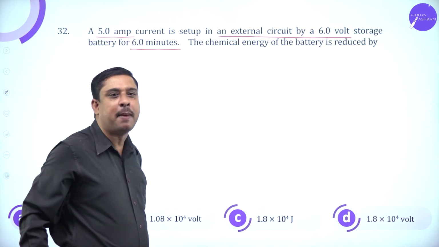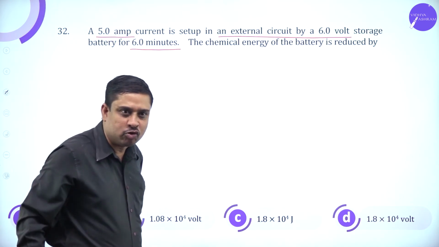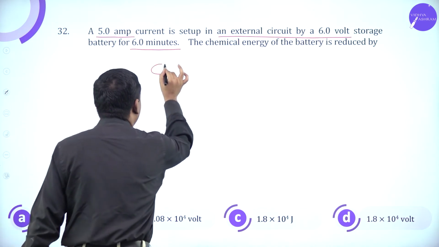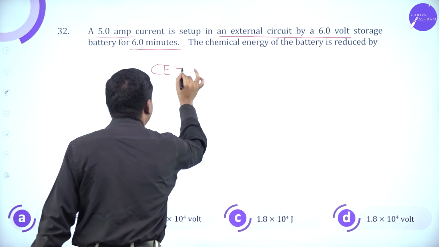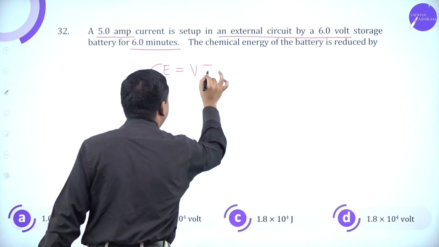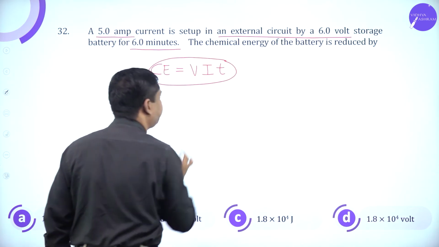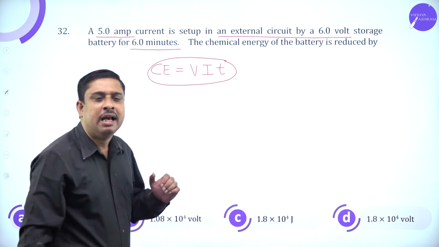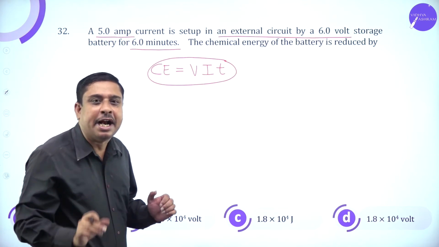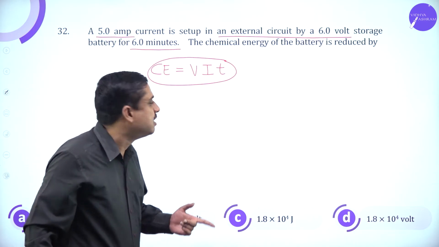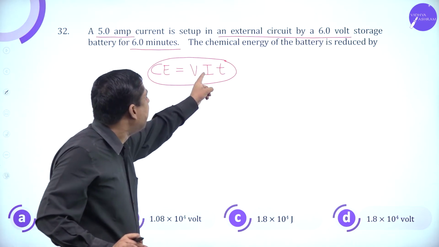Chemical energy of the battery is reduced, by Faraday's law. Again from the old syllabus. Chemical energy is VIT. Just remember, chemical energy reduced in a battery due to electrolysis is VIT.